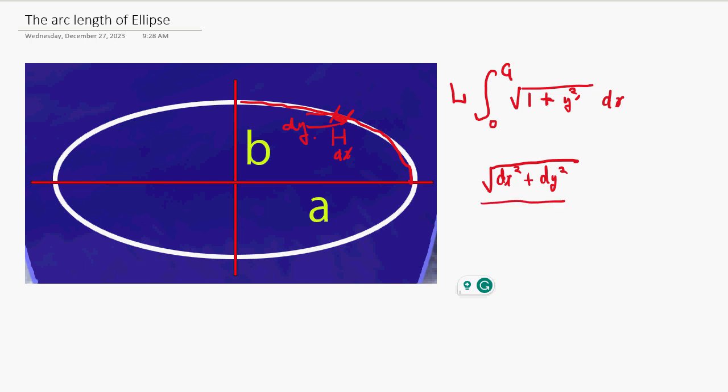So this is the length, and if you take the dx out, it becomes the square root of 1 plus y prime squared. Let me make it clear this way. Okay, so that's what we have to do now.